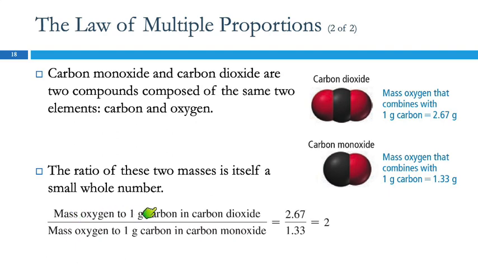So we can take the ratio from the first one. You always want to put the bigger one on top, 2.67, and you can take the ratio for the other one, 1.33, and when you divide, you get a small whole number. Now your calculator might not say 2, it might say 2.0003 or something. It's going to be very, very close to a whole number.